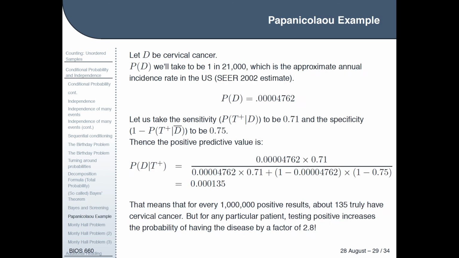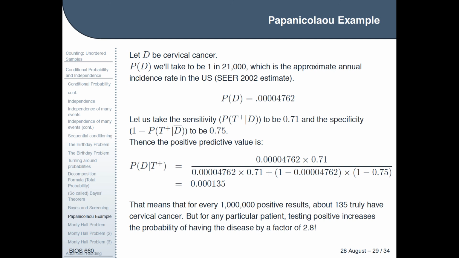So in this case, like a cervical cancer example, the probability of cervical cancer, we're going to say, is 1 in 21,000, the best estimate of the annual incidence rate. So we say the probability of D to be about 0.0004.